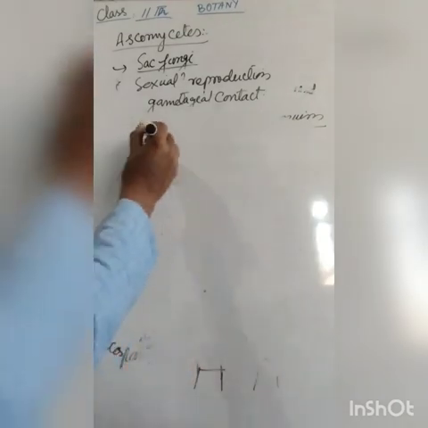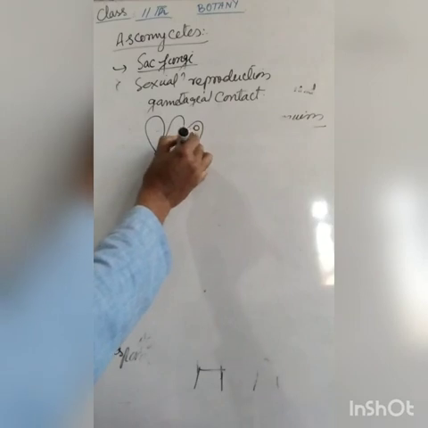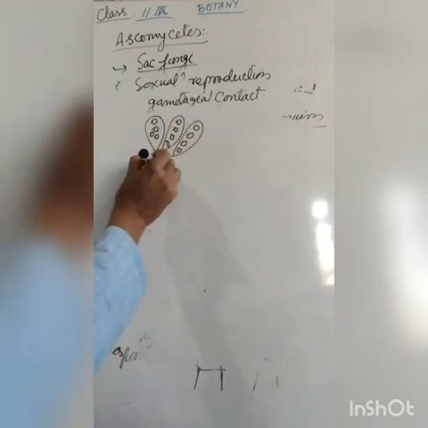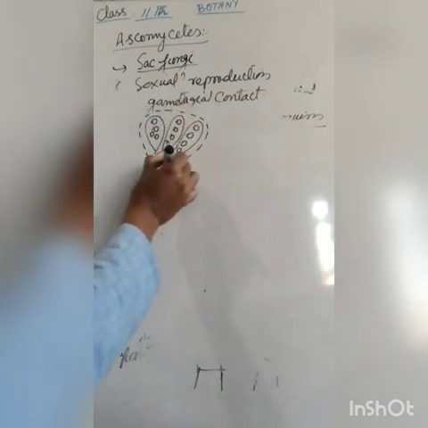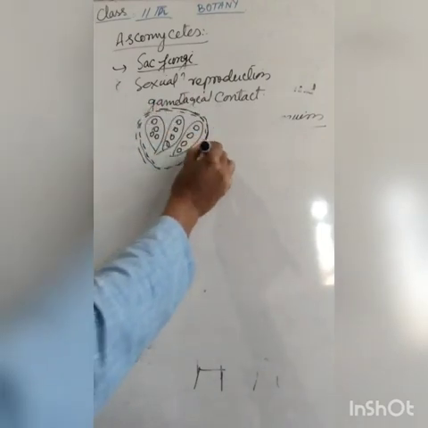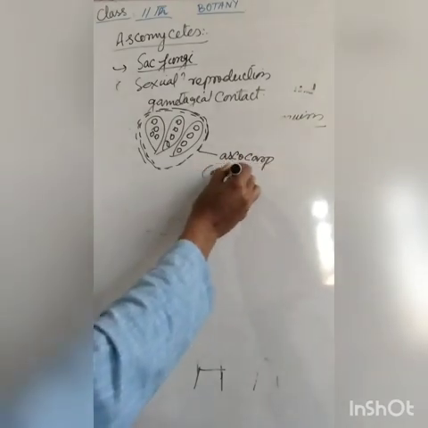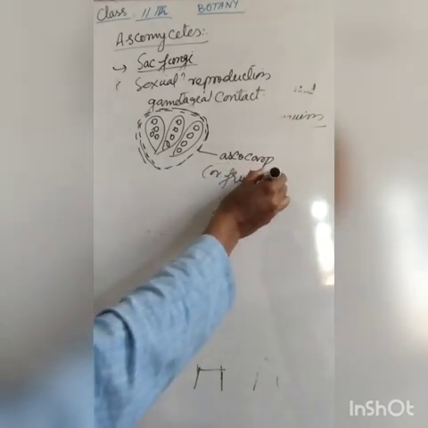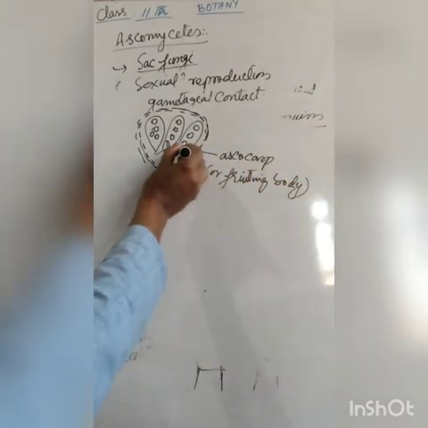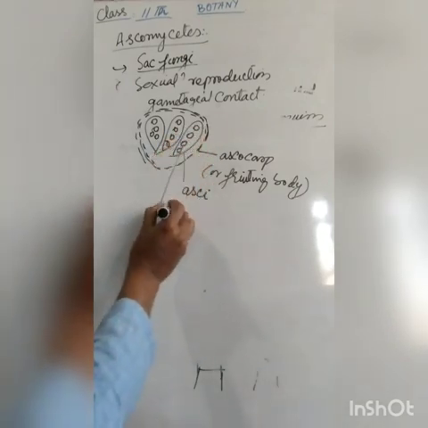A number of asci may have 4 or 8 spores, and these are covered by hyphae or wall. This is called the ascocarp or fruiting body. That means in the ascocarp there are asci, and in asci there are ascospores.